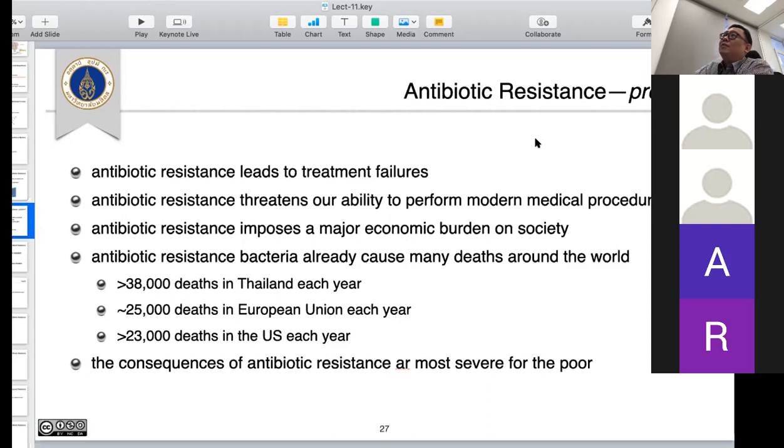Less than 100 years ago, Thailand and everywhere in the world met the situation of no antibiotic. So when we have no antibiotic, you need to imagine you would probably die from so simple a disease. For example, common cold.